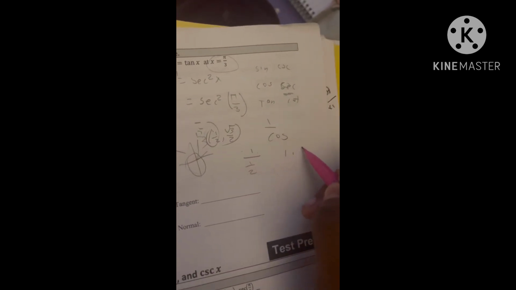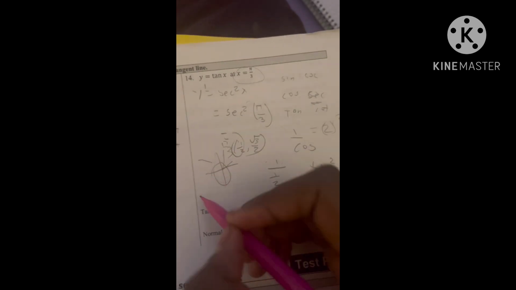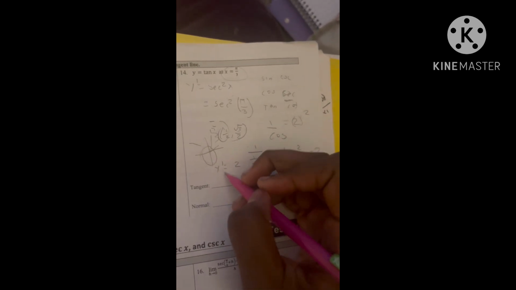So 1 times 2 is 2, and since it's squared, you have to square it, and your derivative will be 4. I mean, the derivative at that point. So that's the slope of the tangent line, and the opposite of that will be 1/2. So there you go.